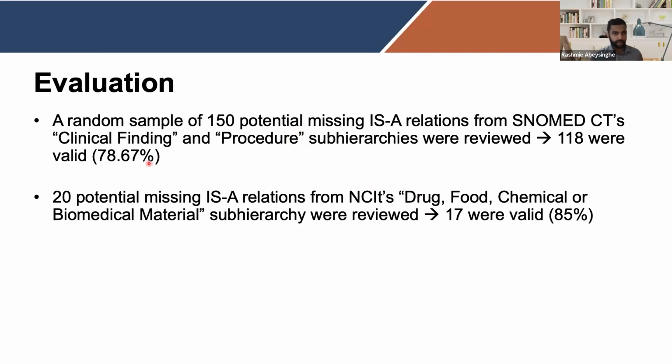So 78.67% were valid cases. And then we also evaluated 20 potential missing Isa relations from NCI Thesaurus's drug, food, chemical, or biomedical materials hierarchy, and 17 of them were deemed valid missing Isa cases.